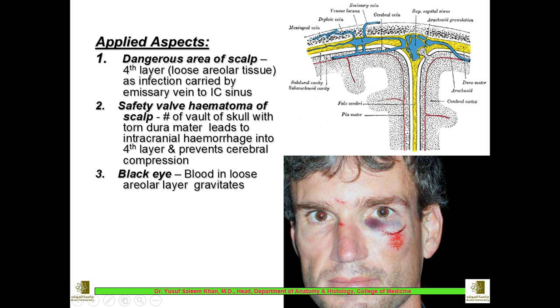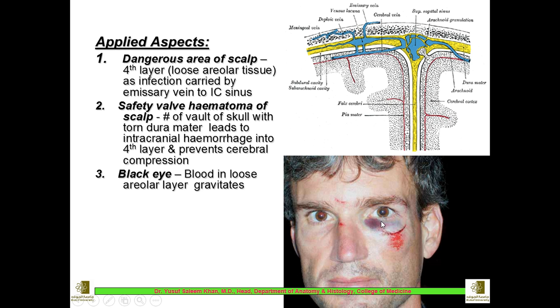If there is trauma anywhere in the scalp, the blood collected there will easily flow through this fourth layer. Because the aponeurotic tissue of the occipitofrontalis is attached to the skin, the area below that, the fourth layer, can easily drain into the loose connective tissue around the eye.